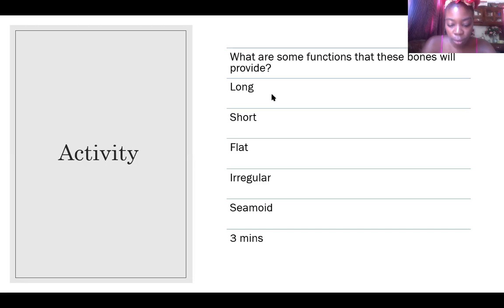Short bones. What to say for that? Because all bones are there for protection, right? So yeah, I would say that for that.